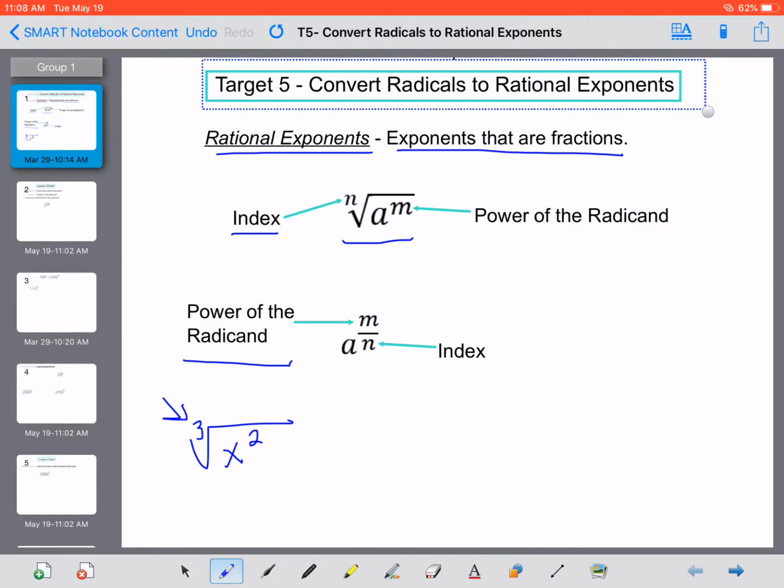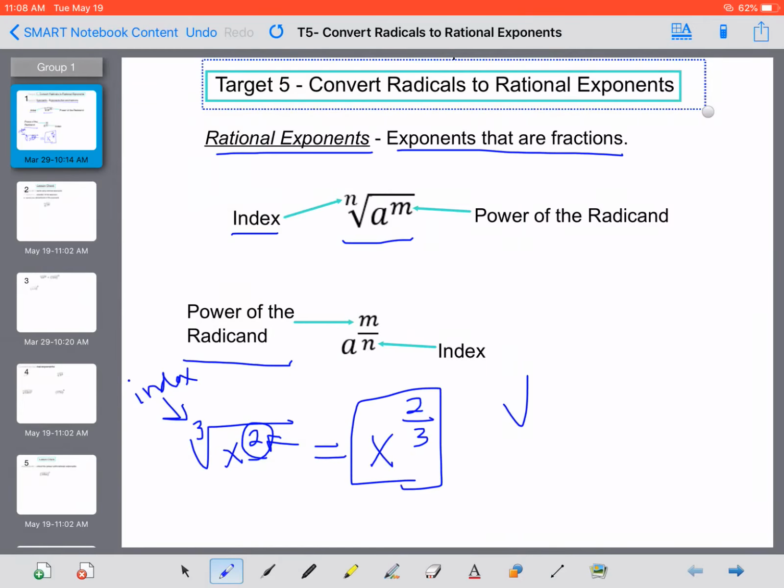This is your index. The index is always the denominator of your exponent, and this is the power of your radicand. So to write that in exponential form with a rational exponent, the 2 would be your numerator, your index is your denominator, and that is your final answer.